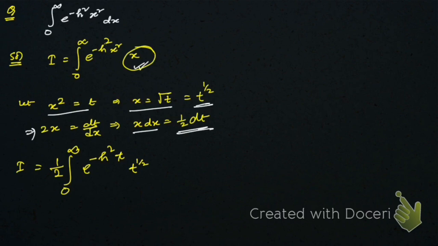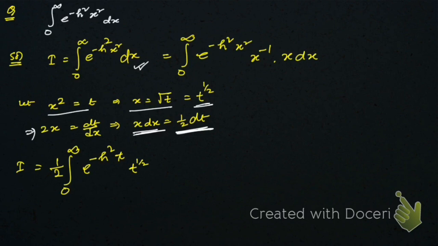I forgot here actually we should have dx. Here you can see x dx is equal to half dt, so what we can do here, we can write this expression like this, 0 to infinity e to the power minus a c square x square and x to the power minus n into x dx, right?